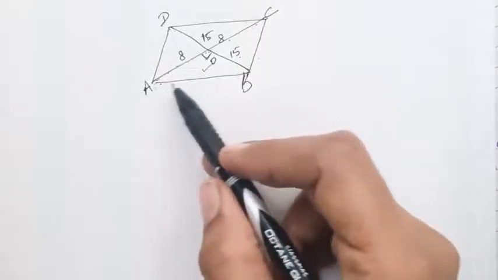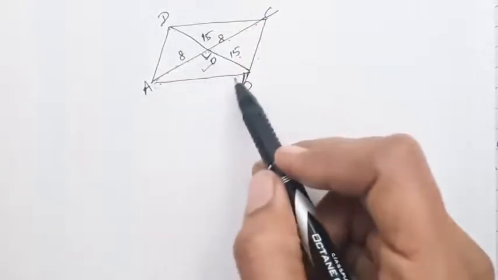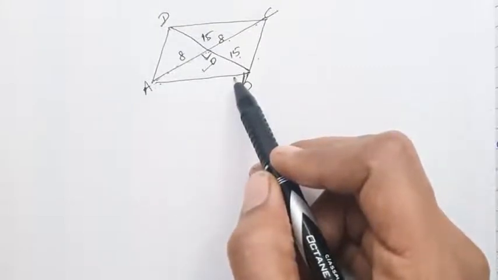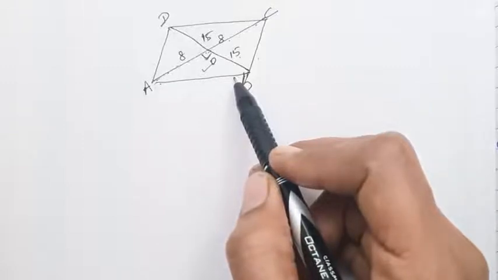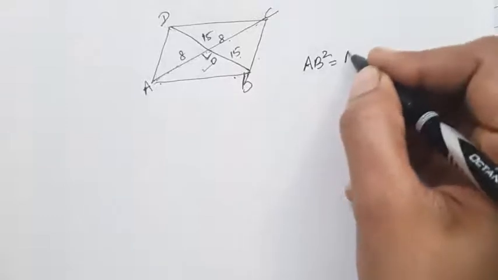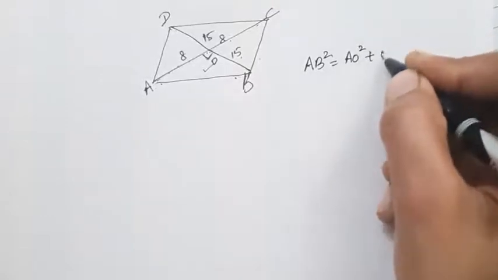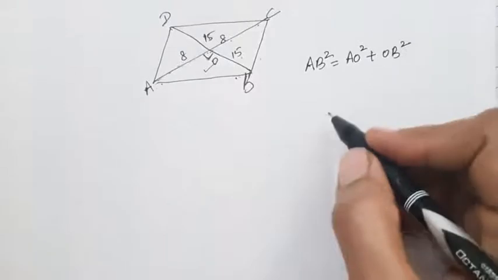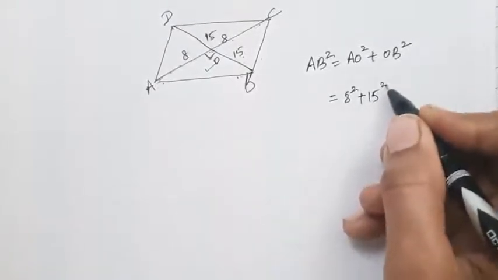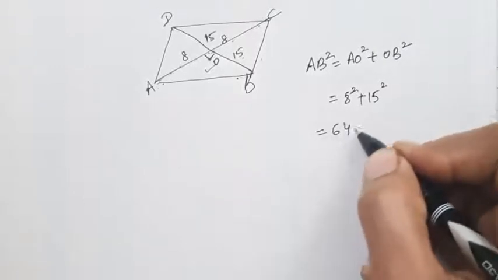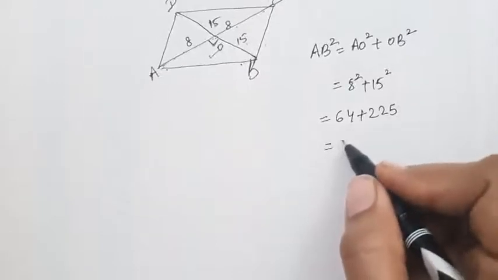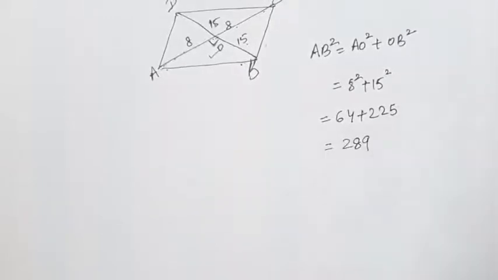The side opposite to 90 degrees, we know, is the hypotenuse. So it means we can apply the Pythagoras theorem. By applying it we get AB square is equal to AO square plus OB square. So we get 8 square plus 15 square. What we get? 64 plus 225, that is 289.